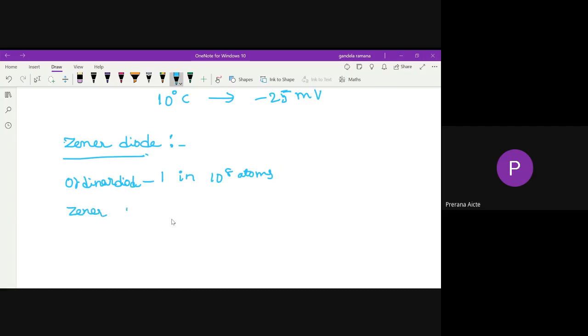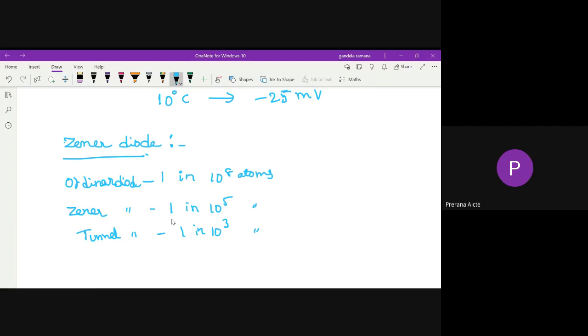In a Zener diode, the doping concentration is 1 in 10 power 5 atoms. In a tunnel diode, 1 in 10 power 3 atoms. So the tunnel diode has high doping concentration.